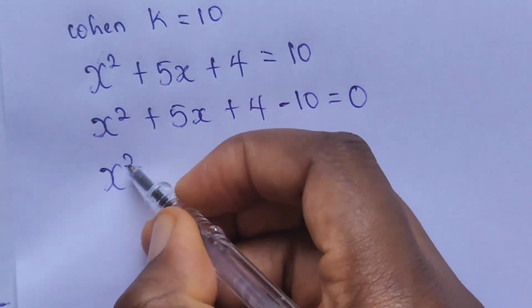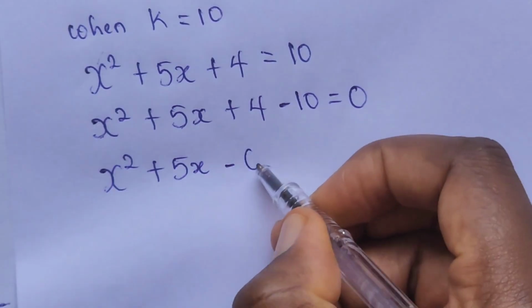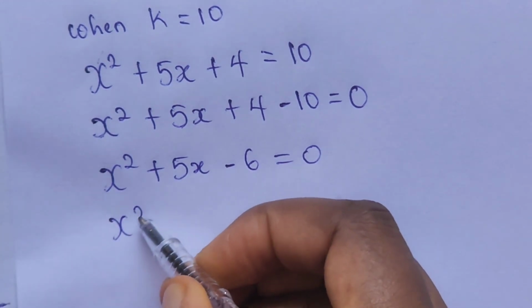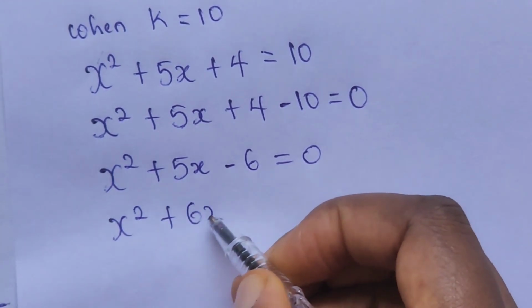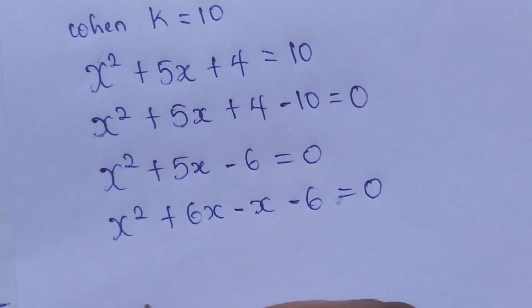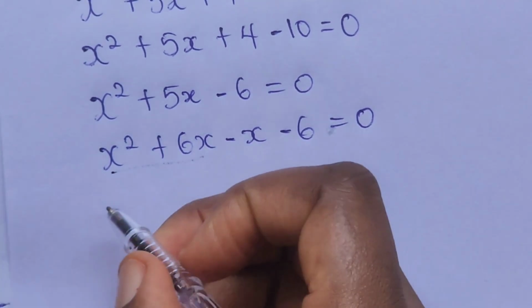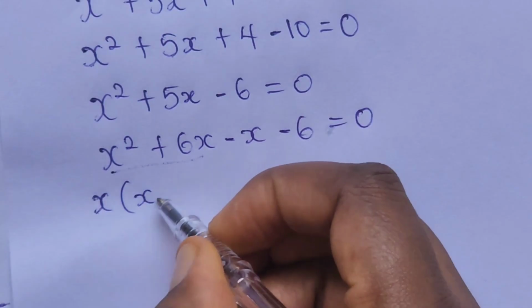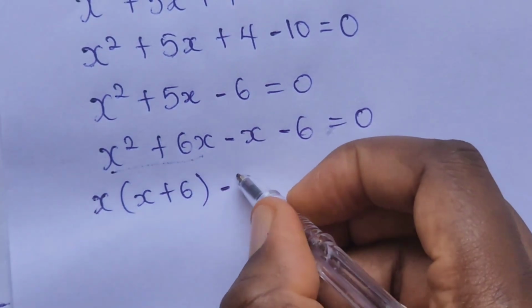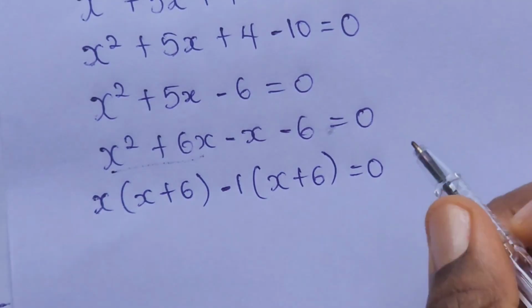From here we have x squared plus 5x minus 6 equal to 0. So this is x squared plus 6x minus x minus 6 all equal to 0. So when we factor out x, we have x times x plus 6. And when we factor minus 1, we have x plus 6, all equal to 0.